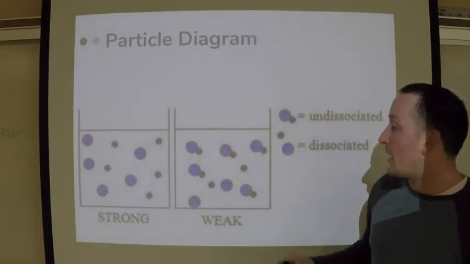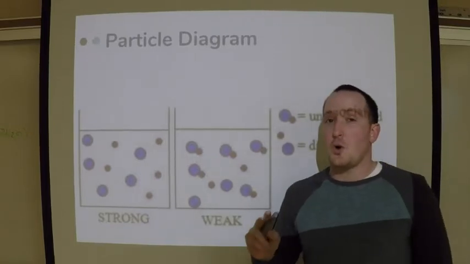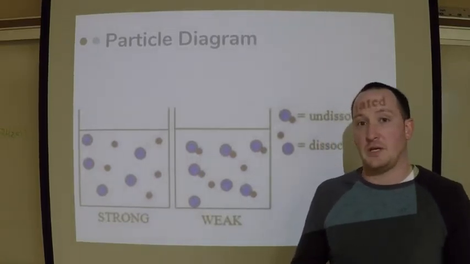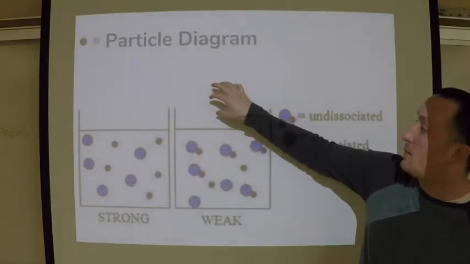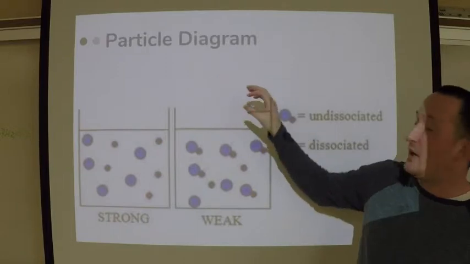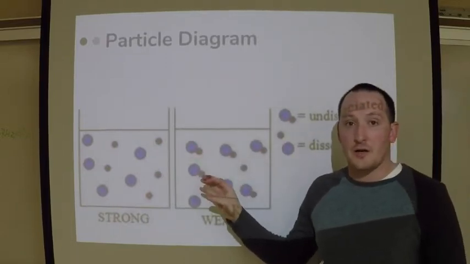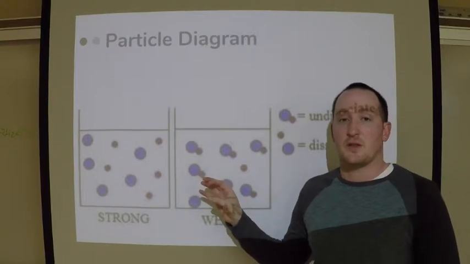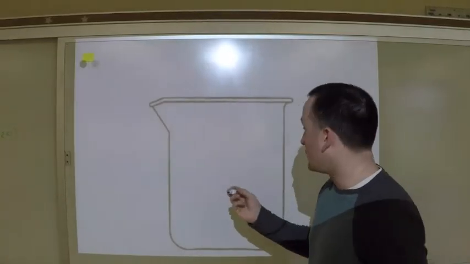Okay? Now, beryllium hydroxide has 2 hydroxides for every 1 Be, which means if I had 1 beryllium atom, it would have 2 hydroxides. So whenever you're drawing your particle diagrams, it's going to look something like this. So here's what our beryllium hydroxide would look like.